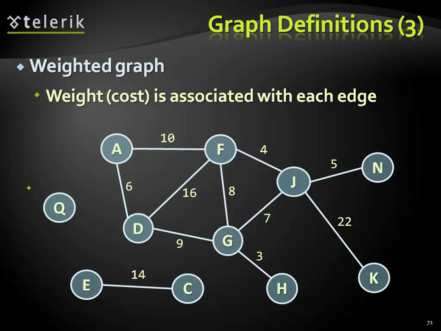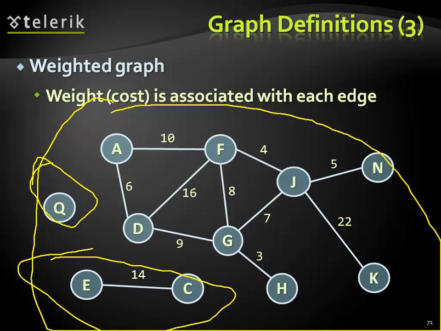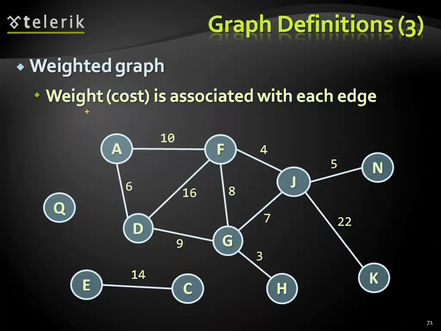There's no way to reach E and C, and this graph consists of 3 graphs. So this is a graph, this is a graph, and this is a graph. An array of graphs. I think there was a word, multi-graph, but I'm not sure it means what I'm thinking, so I won't say that it's a multi-graph.